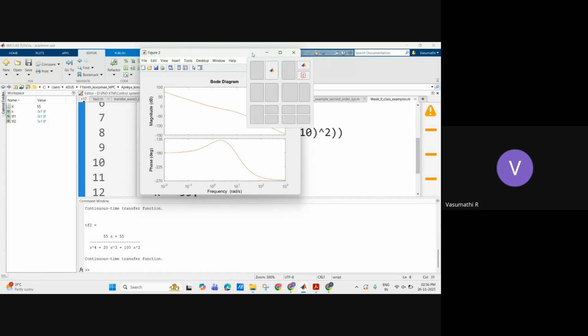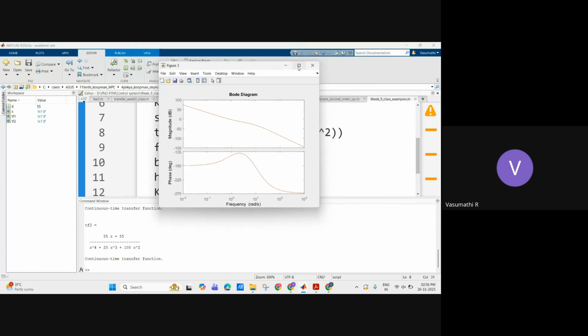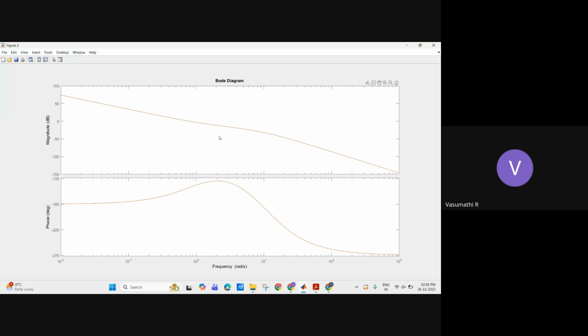Okay, there isn't any big difference. That's why it was showing like this, if you look closer.